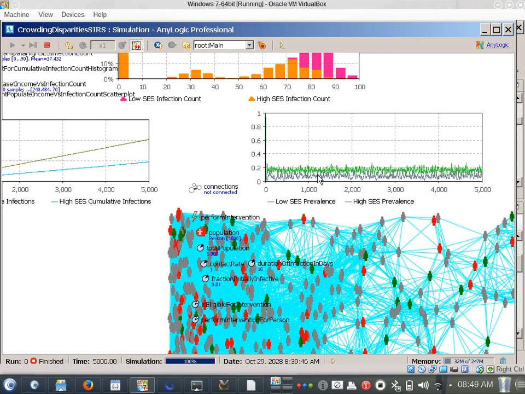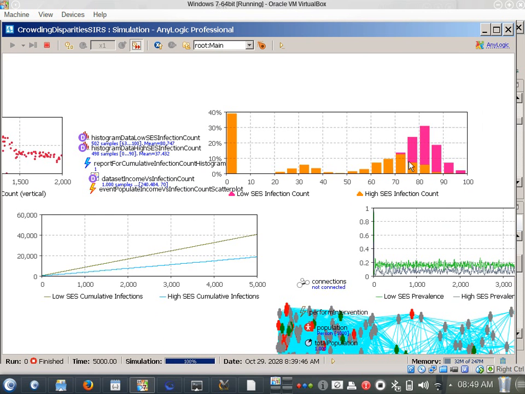So for both of those reasons, when we looked at the burden, it was significantly higher amongst the low SES than among the high SES. Okay, that's good, and we saw that at an individual level in terms of the number of times they're infected, we had much higher rates, with significant amounts of zero tail.